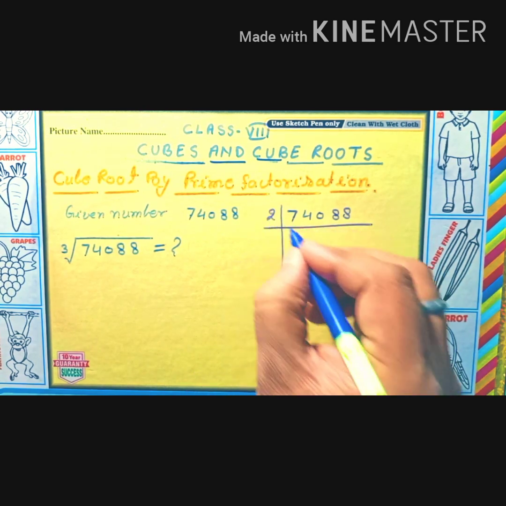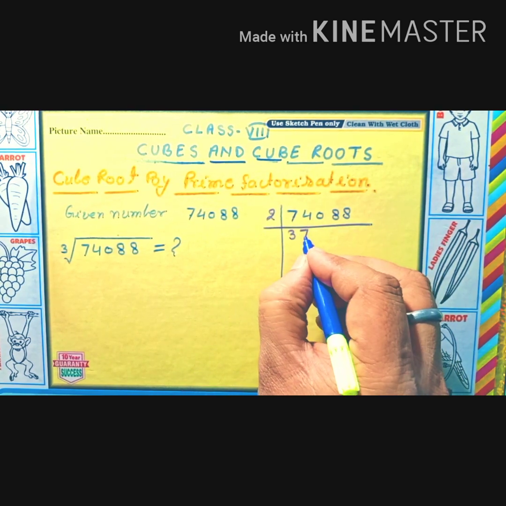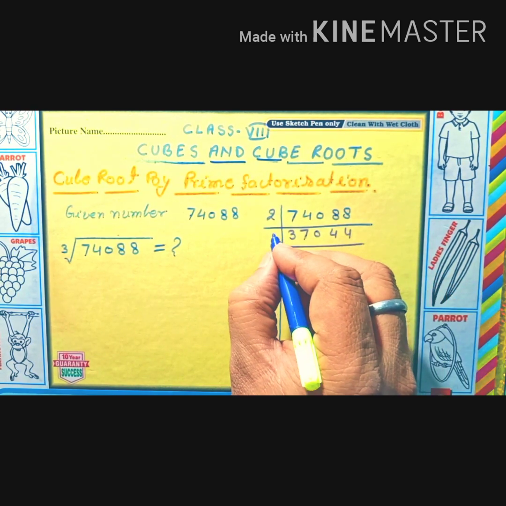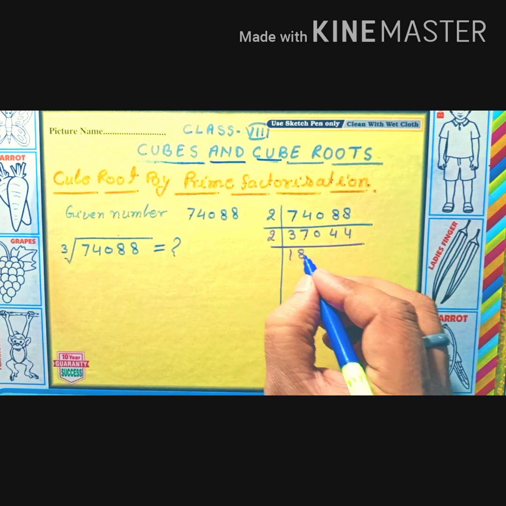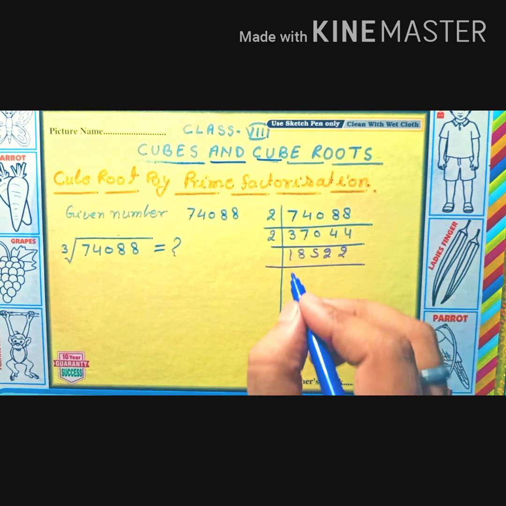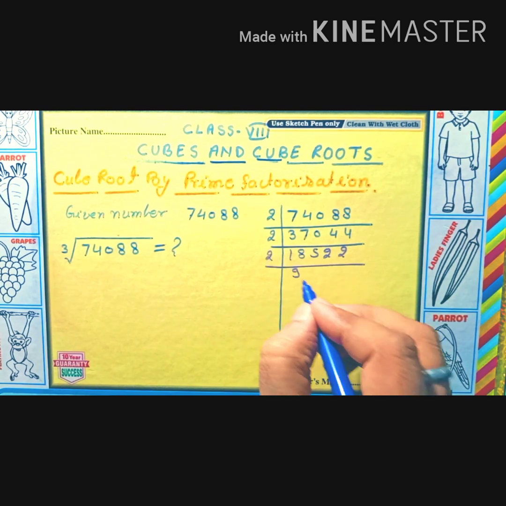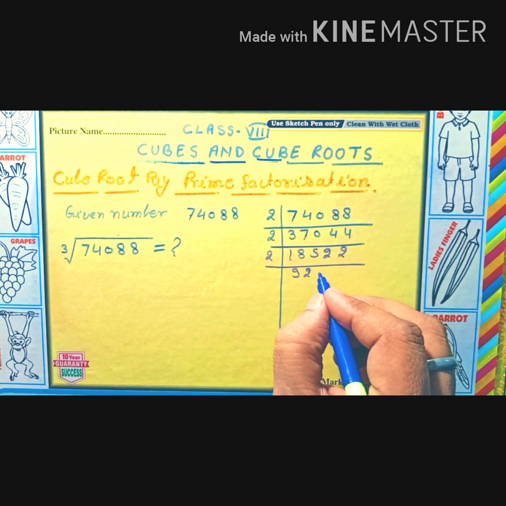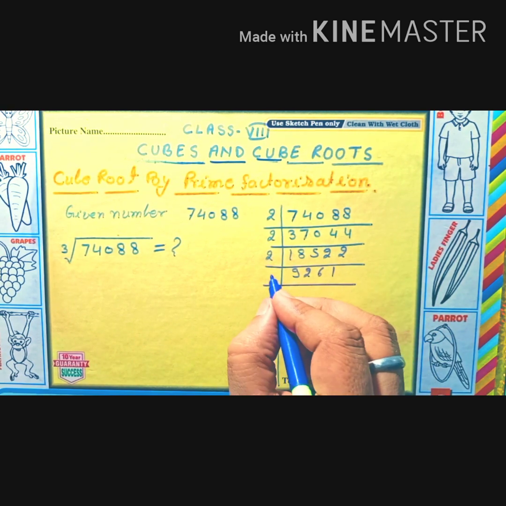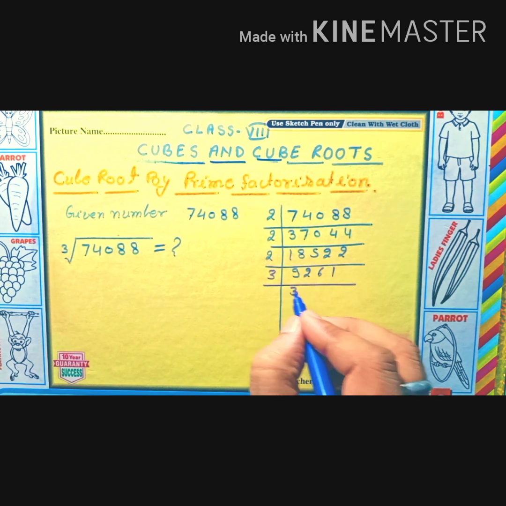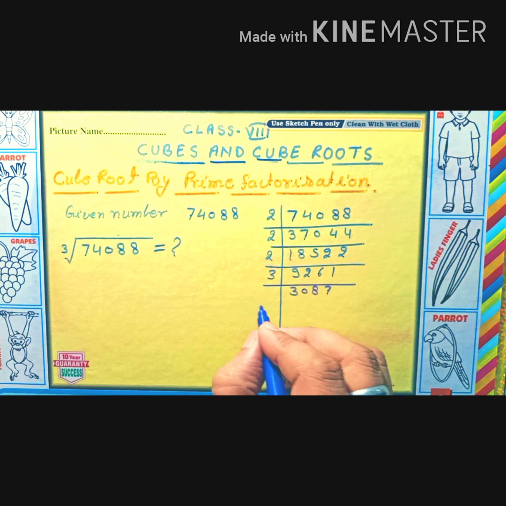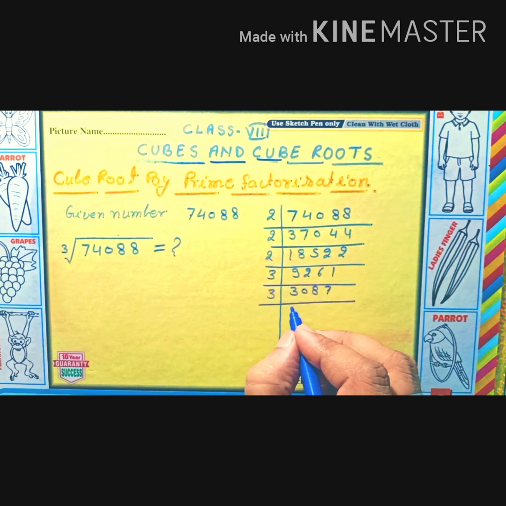Now first divide by 2. Again 2. Again 2. Again 3. Again 3.